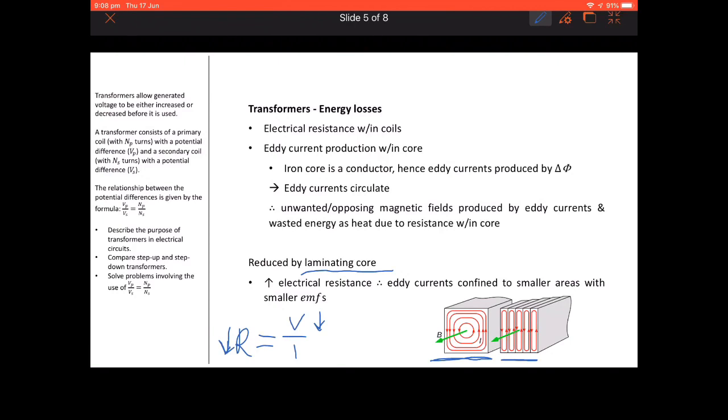Because you can't really prevent eddy currents from occurring because they're a natural phenomenon, you have to try and minimise their impact. You can do this by decreasing the space that they're able to run in.